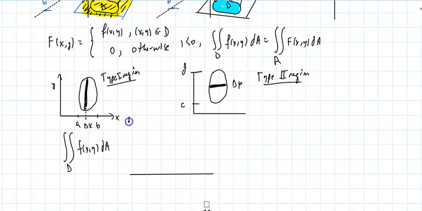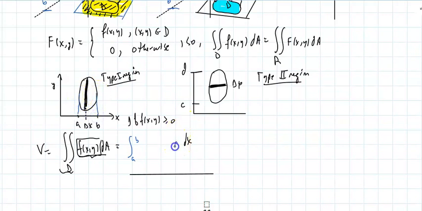If I am certain that f of x, y is always bigger than or equal to 0, then this would be volume, finding the area of the base times the height. Area of the base is right there, and the height is really this. I could say I'm gonna take dx type 1. So what I do, I integrate, not red, let's go with blue. I could integrate with respect to x from a to b, right there.